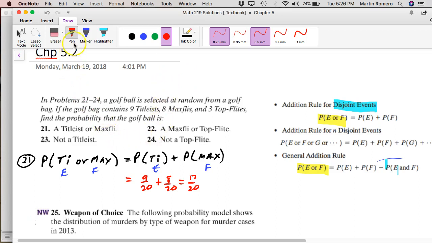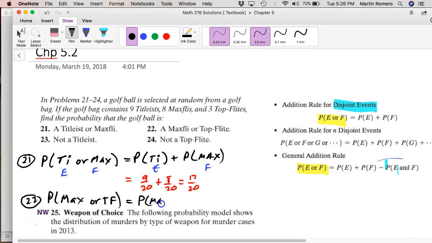So that's for 21. Let's go ahead and look at 22, see if I can squeeze it in here. 22, the probability of a Maxfli or a Top Flite. That's an OR problem, so we're looking at this one over here. And again, you can't choose both at the same time, so we don't have to worry about this AND situation over here.